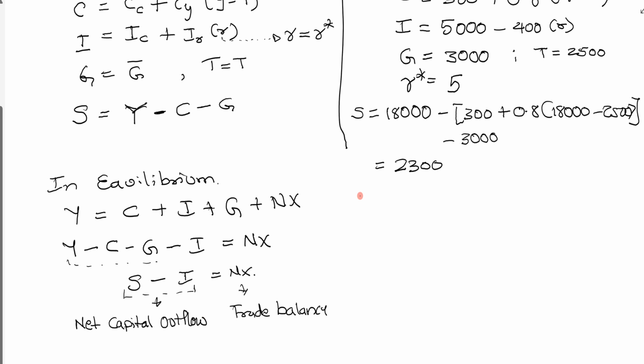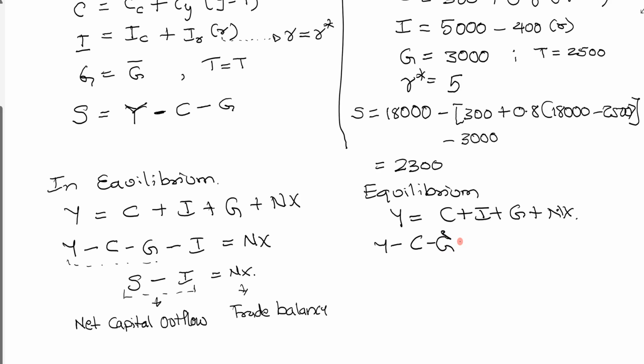So in the numerical solution, let's see what the equilibrium value of the net exports and the savings-investment gap is. Our Y has to equal C plus I plus G plus NX, right? That is the same. And then Y minus C minus G minus I gives us NX, and that is S minus I equals NX.